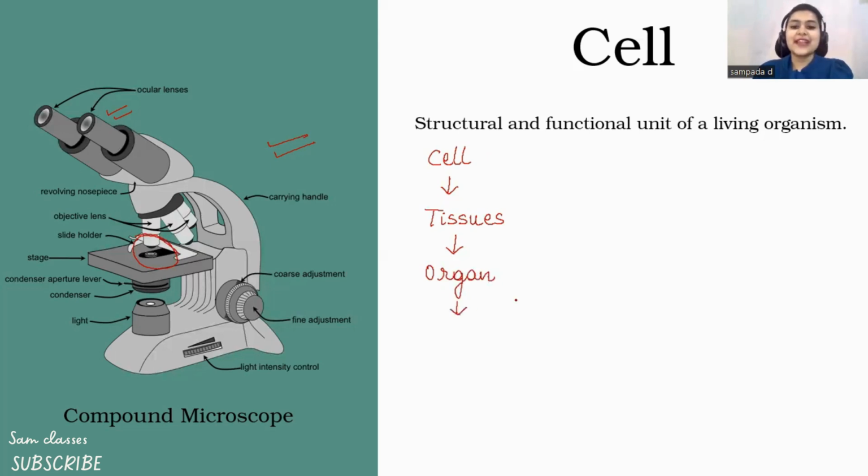A number of organs combine together to become an organ system, and they perform a common function. For example, digestive system, respiratory system; these are organ systems. Now a number of organ systems, respiratory, digestive, excretory, reproductive, everything combined together forms an organism.